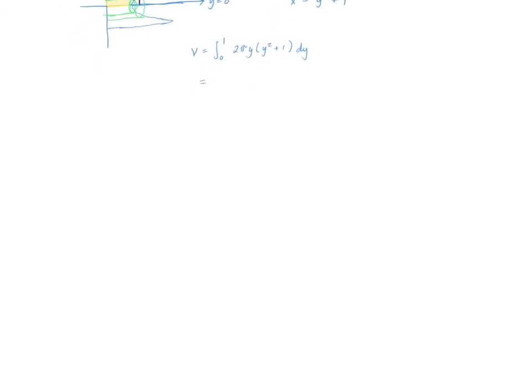I can go ahead and pull out the 2 pi and then distribute the y. So integral from 0 to 1, y to the third plus y dy. And then that becomes y to the fourth over 4 plus y squared over 2, evaluated from 0 to 1.